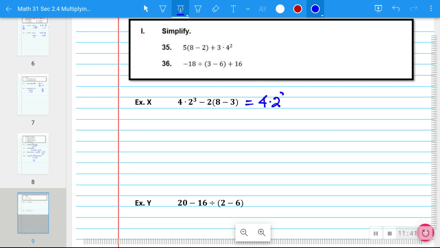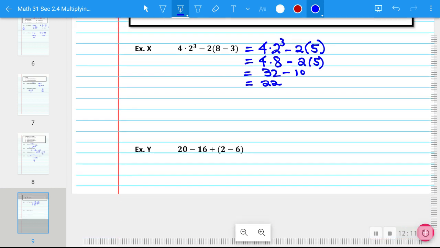So we're going to do the parentheses first. 8 minus 3 is 5. Exponents come next, and so when it says 2 to the third, it's 2 times 2 times 2, which gives 8. Multiplications are done before subtraction. So our answer here, the correct answer is 22.